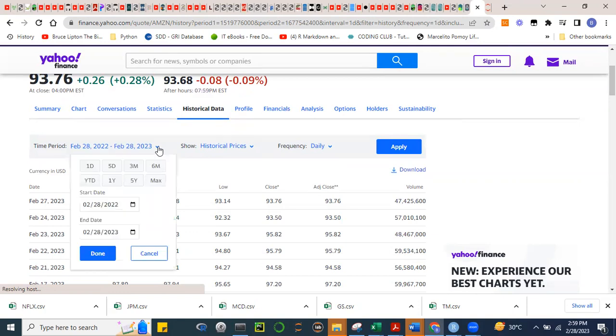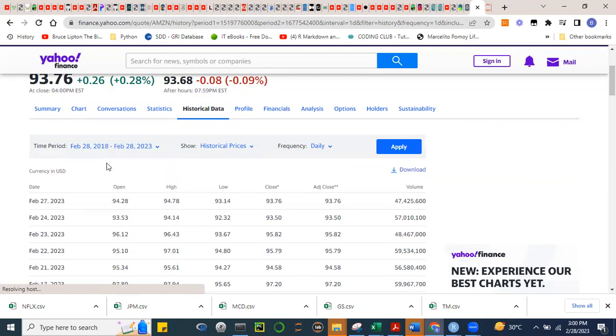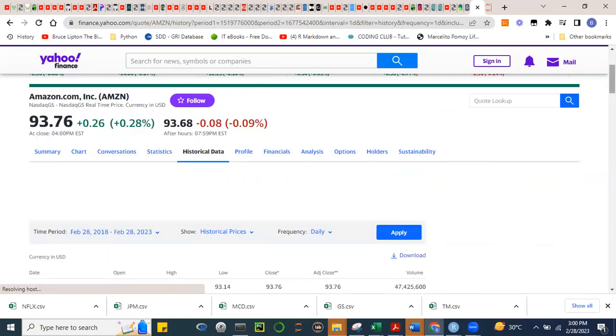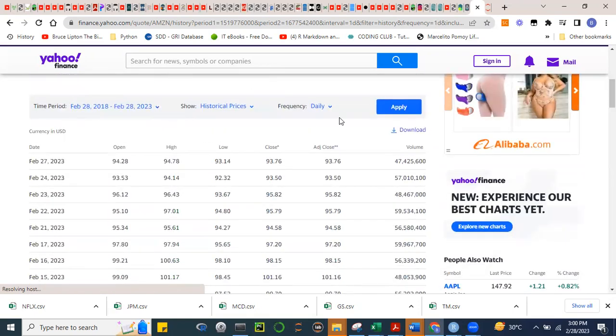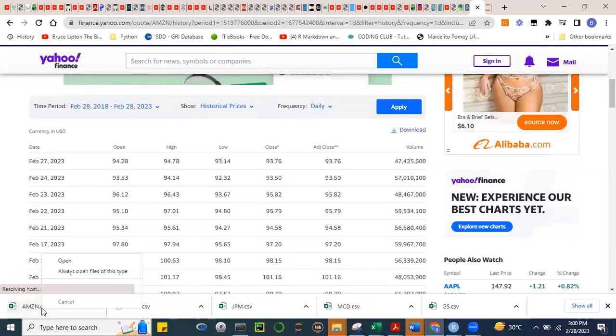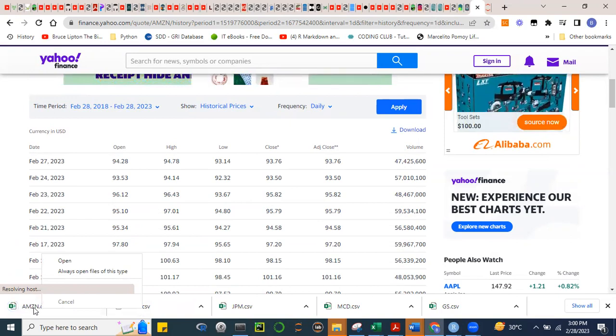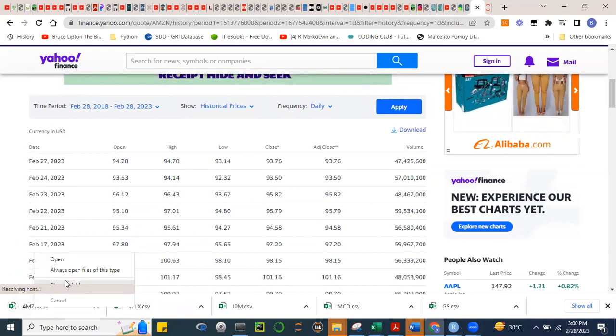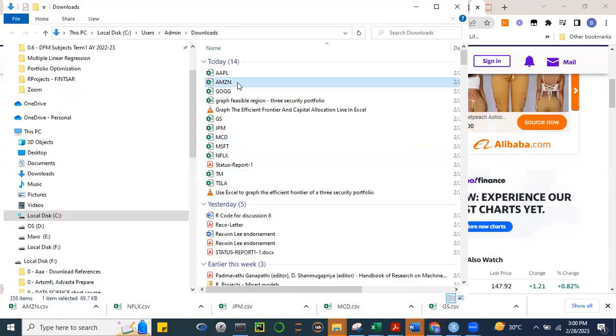Wait, 5 years. Okay, you have to check, class, na yan. Apply. Kasi minsan hindi nagre-register. Then download. All right. So we have our Amazon open.